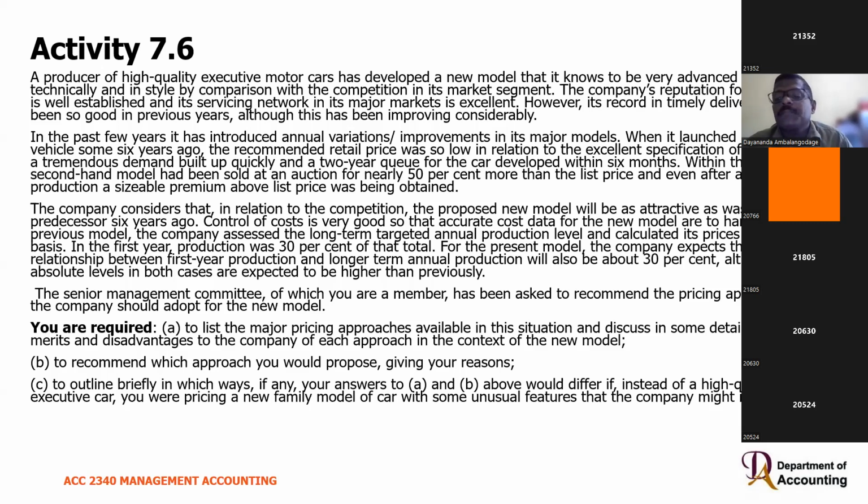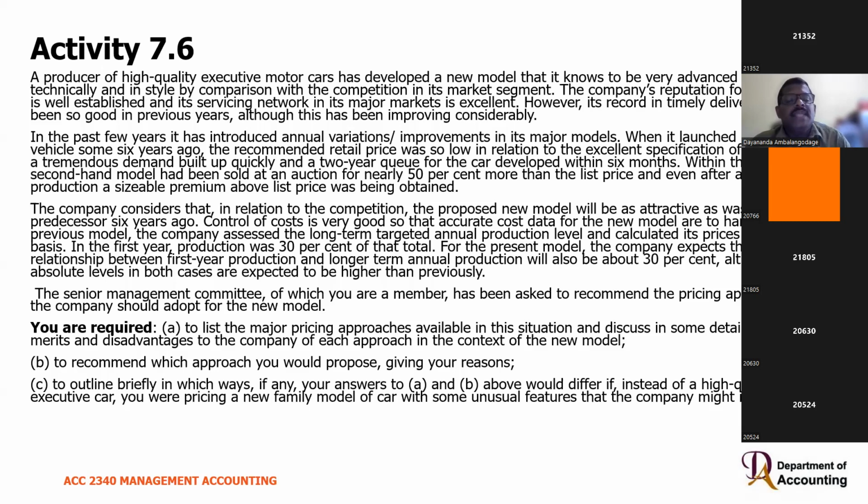It's a plus point. For the previous model, the company assessed the long-term targeted annual production level and calculated its price on that basis. In the first year, production was 30% of that total.